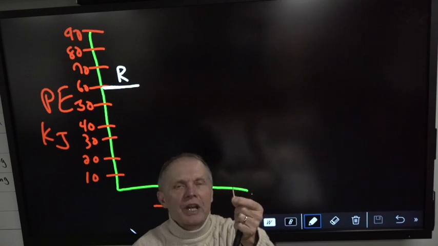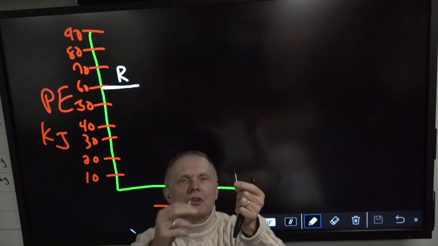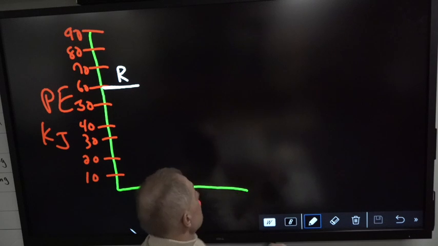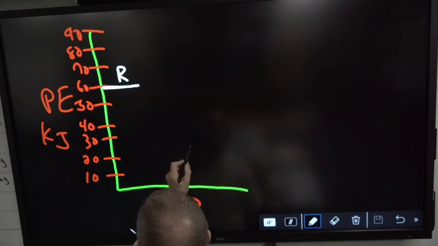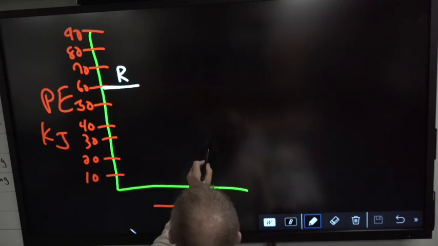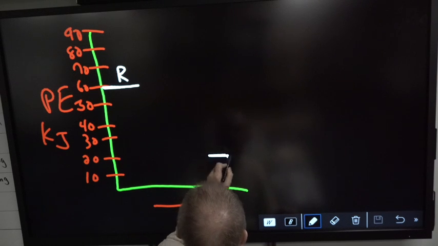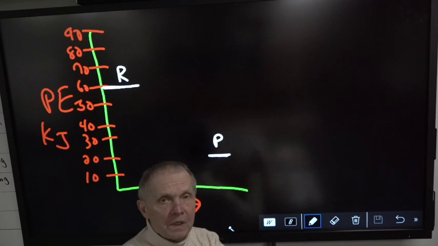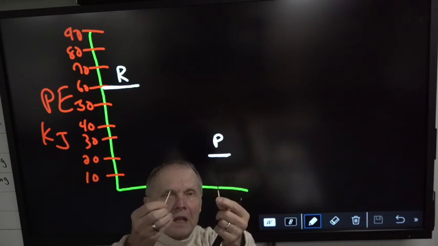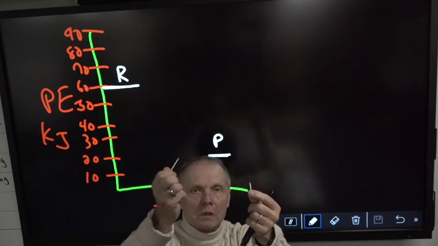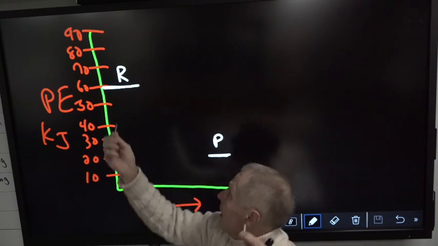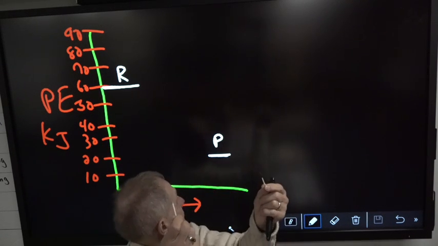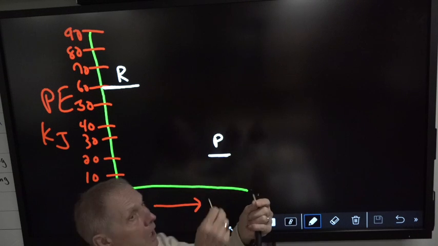So let's just say that the potential energy of the product is down here at 20. We're going to label that P. Now, the deal is, how did we go from the potential energy of 60 down to the potential energy of 20?